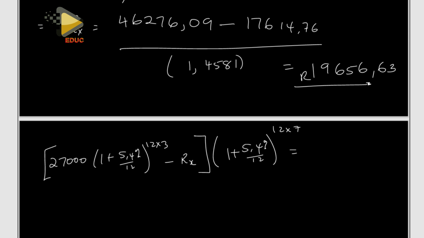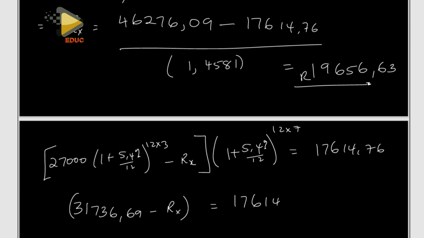After that, we have the 17,614.76. I don't know, let's confirm this and see if we get the same thing. So 27,000 into 1 plus 5.4% over 12 to the exponent of 12 times 3. I'm getting 31736.69. I'm subtracting Rx. But why can't I just divide both sides by this thing?